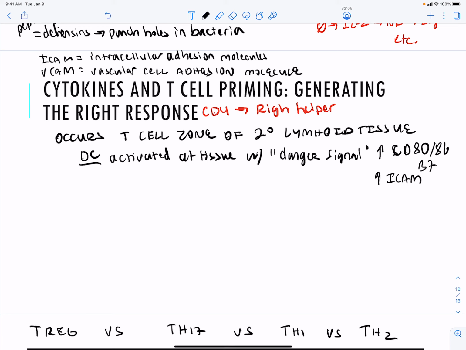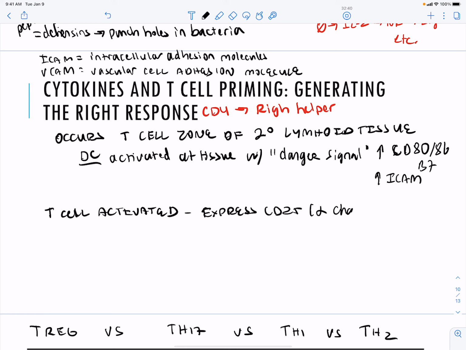Okay, so your DC is coming in. It has its adhesion molecule. It has its second messenger or second signal, the CD80. It can be also secreting cytokines. It can be secreting IL-1, interferons. The T cell becoming activated will express CD25, which is the alpha chain of the IL-2 receptor.